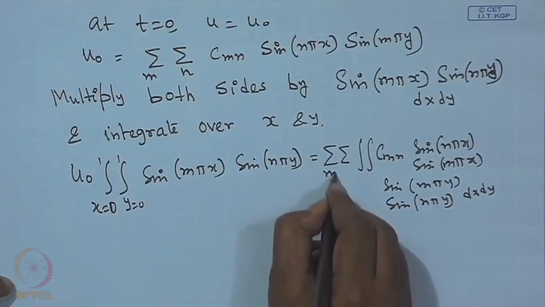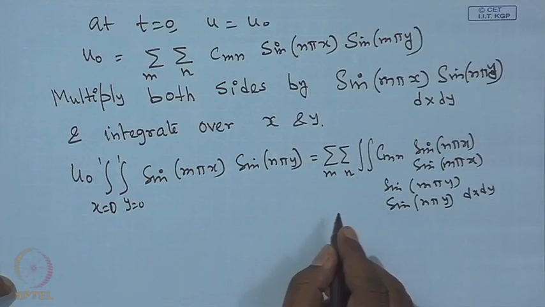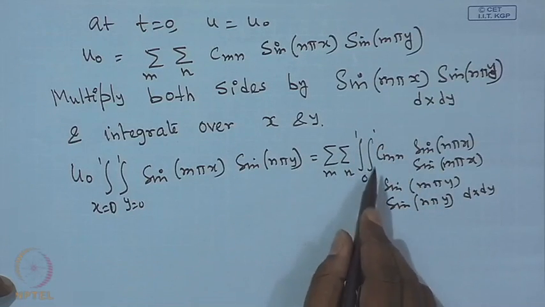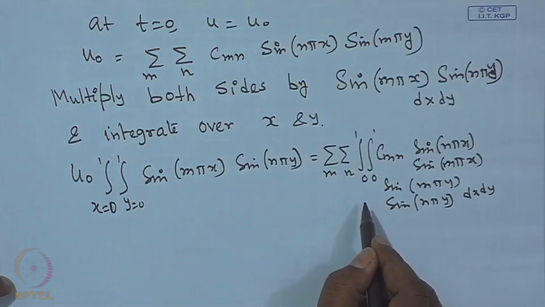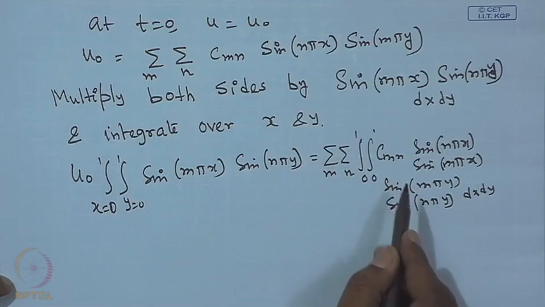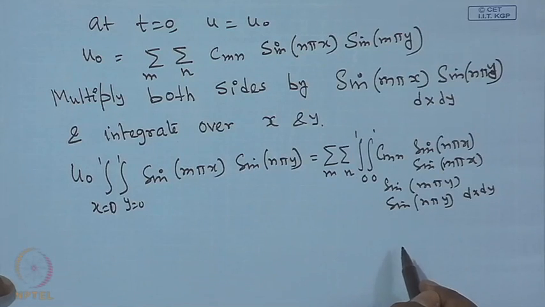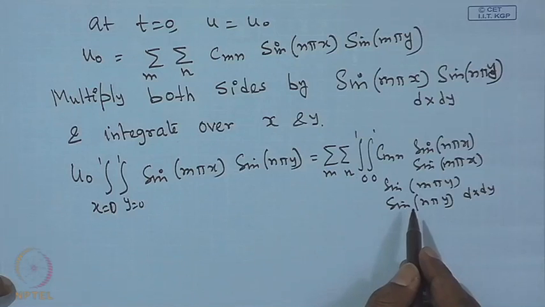Now, if we open up this summation series, with one integral over x and another over y, all the terms will vanish because of the orthogonal property of the eigenfunctions, the sine functions. Only the terms where m is equal to n will survive.